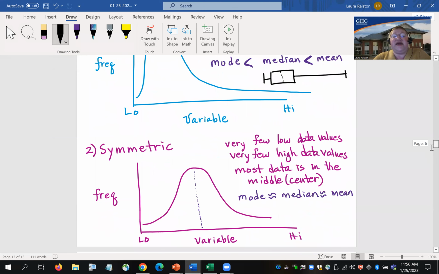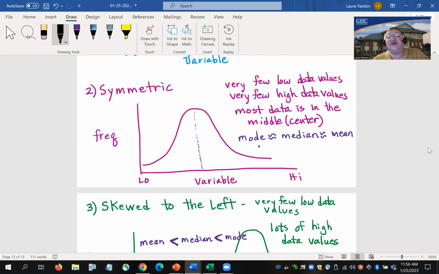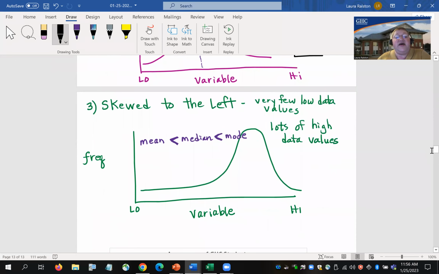For symmetric, my box would appear to be in the middle. And for skewed left, my box would appear to be on the right-hand side. So I can even use the box plot to determine whether I'm skewed left, skewed right, or symmetric.